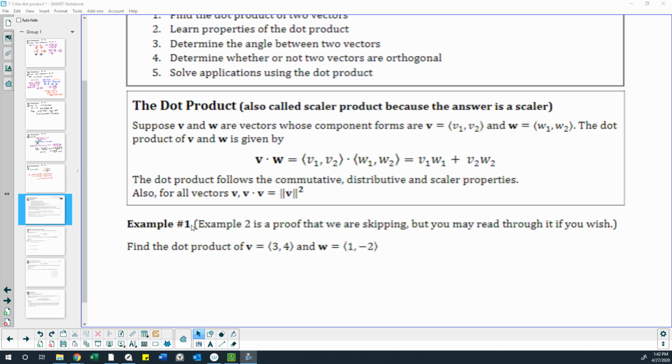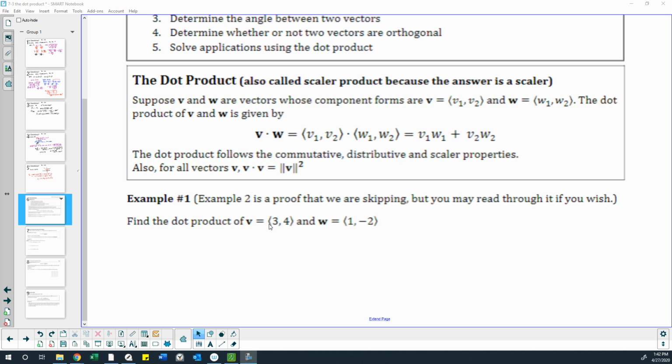Okay, example 1. Just so you know, when we go to example 3, we're skipping example 2 because it's a proof that you can read through if you want to. Alrighty, here we go. Find the dot product of v and w.